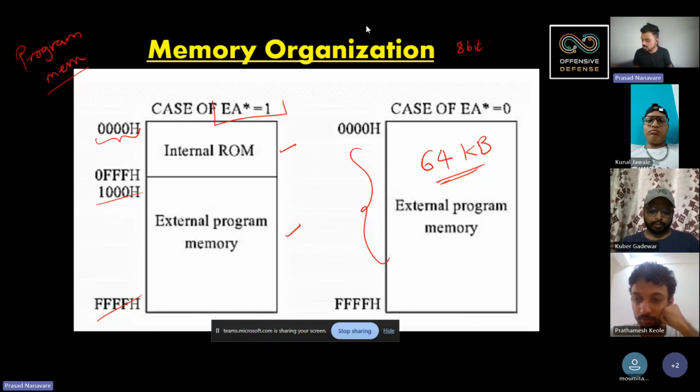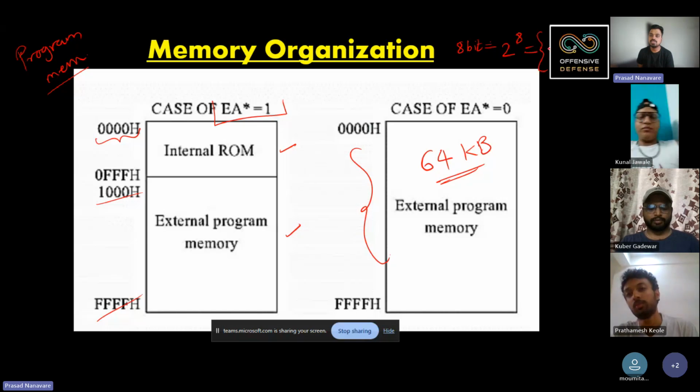Suppose I have an 8-bit microcontroller and I need to interface external memory. How will you determine what memory addresses can be accommodated by my controller? It will come from this calculation: 2 raised to 8. So this is the range of addresses that my microcontroller can accommodate, because it's an 8-bit microcontroller.